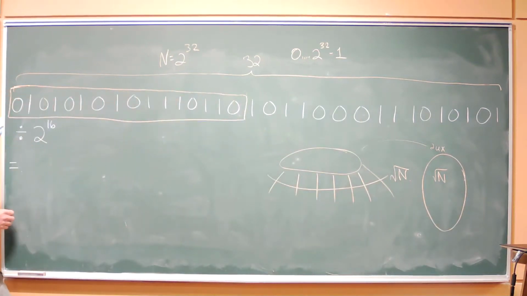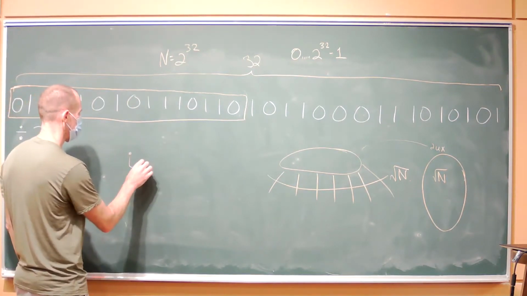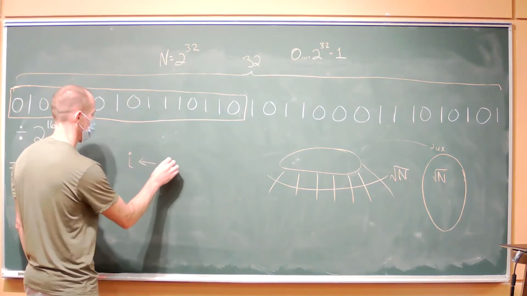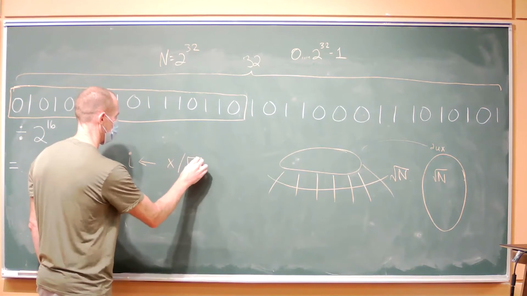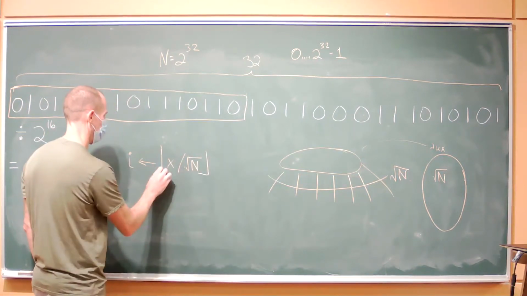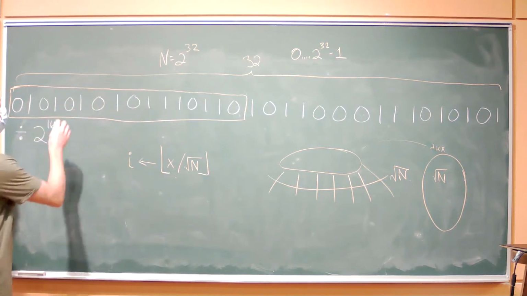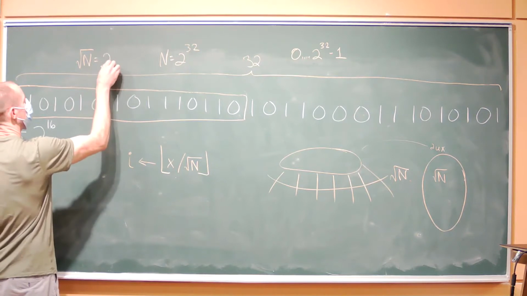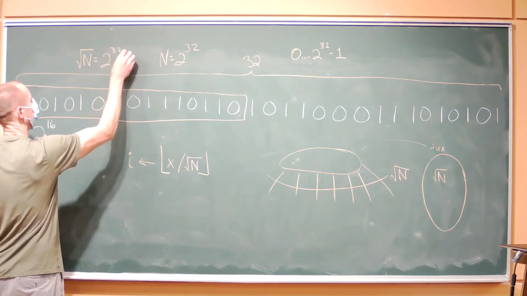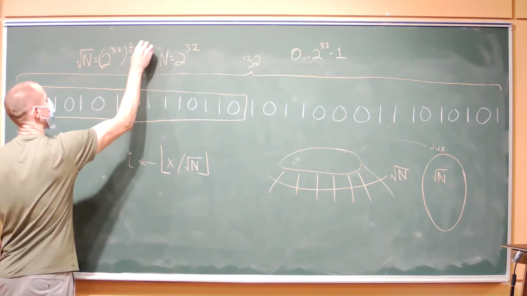You may remember that in the code for that, there was some line that says i gets floor of x divided by square root n. So if n is 2 to the 32, square root n is 2 to the 32 to the half, which is 2 to the 16.